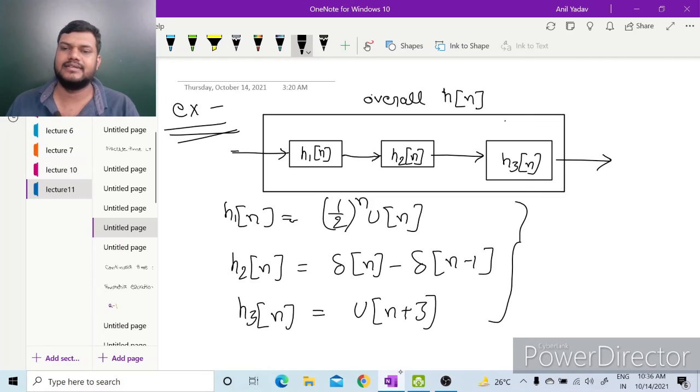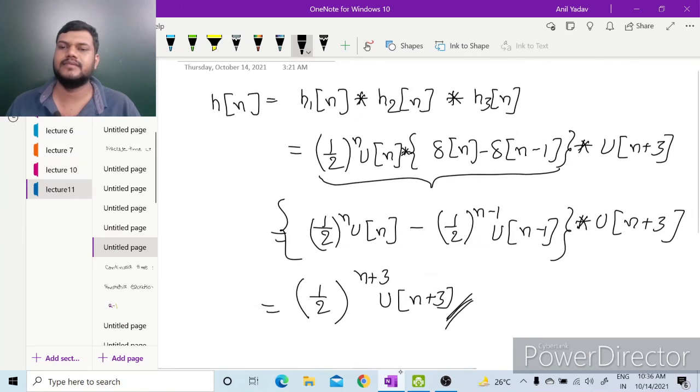So we can write the complete impulse response h[n] as the convolution of all three individual impulse responses: h[n] equals h1[n] convolved with h2[n] convolved with h3[n].